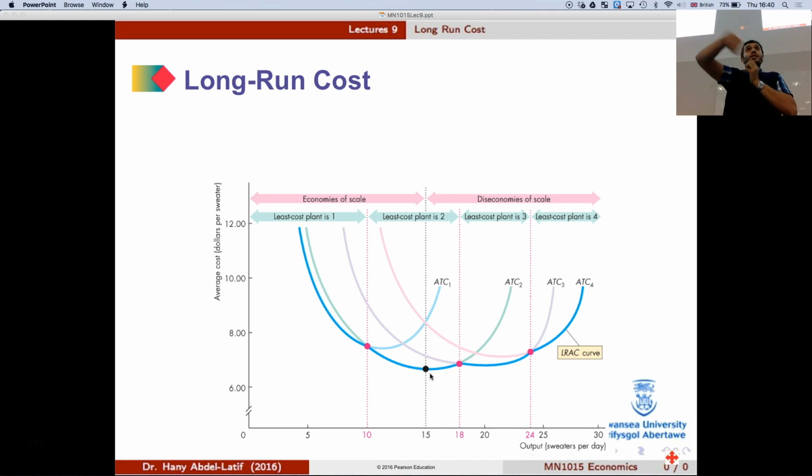That means you should choose plant 2, and this point here will minimize the long run average cost compared to all other output levels. So comparing this to any other level here, 15 with plant 2 will give us the minimum cost in the long run.